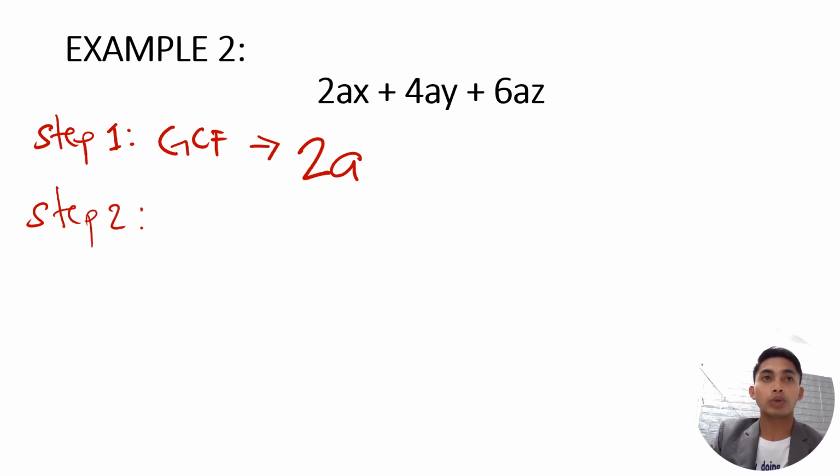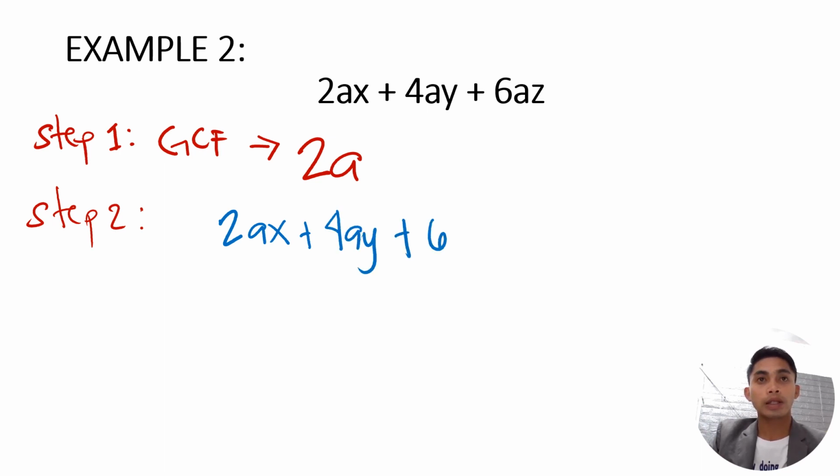For step 2, we need to divide each term by the common monomial factor in order to get the other factor of the polynomial. So we have 2a for our GCF from step 1. Simply copy the given example number 2, 2ax plus 4ay plus 6az.